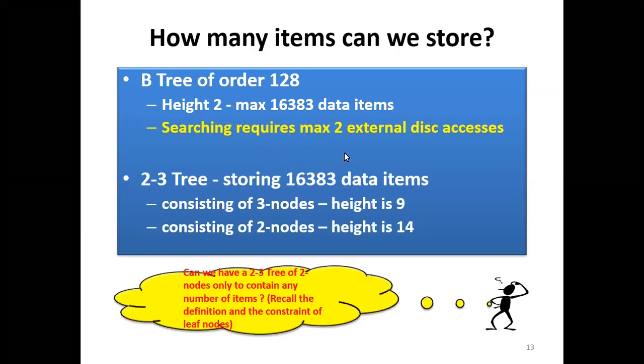If we use 3 nodes, then we can have a height of 9. And if we consist of 2 nodes, we can get a height of 14. The question is, can we have trees of 2 nodes only to contain any number of items? We also recall the definition and the constraint of the leaf node. So the constraint of the leaf node plays a major role here.